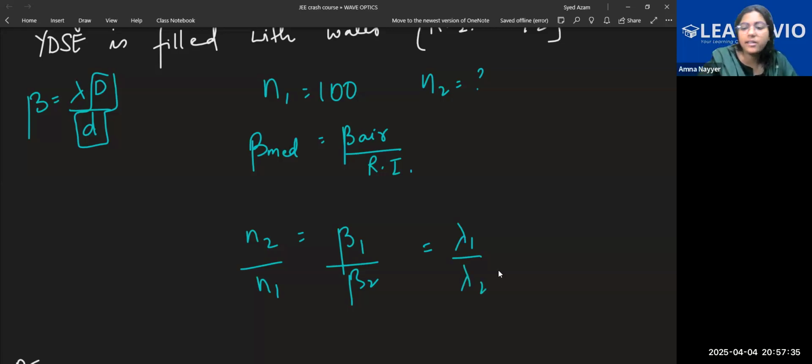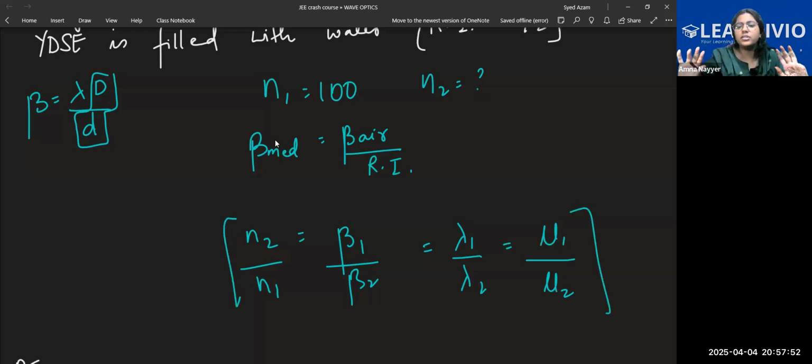I'm just telling about a general question; right now this question doesn't need that. Now you have to relate this with the refractive index. Use this formula whenever you have such kinds of questions and just extract whatever you require. Here we don't know beta or lambda, we just know the number and the refractive index, so we are going to use that only.